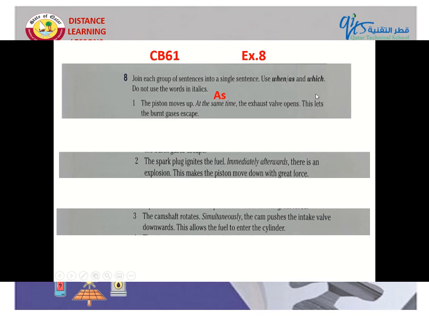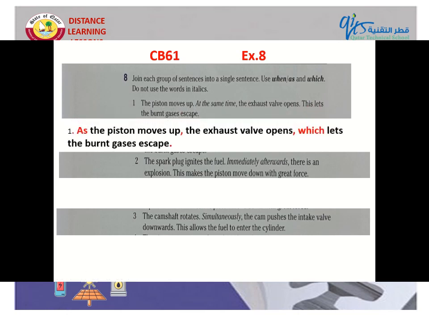This time around, we replace this with which, but we have to take away the full stop and replace it with a comma as well, just like this. As the piston moves up, the exhaust valve opens, comma, which lets the burnt gas escape.